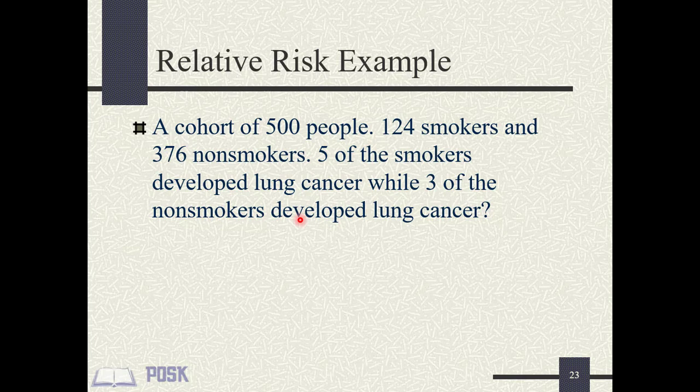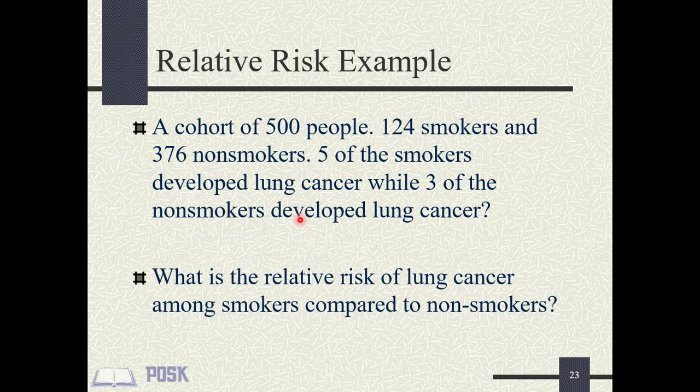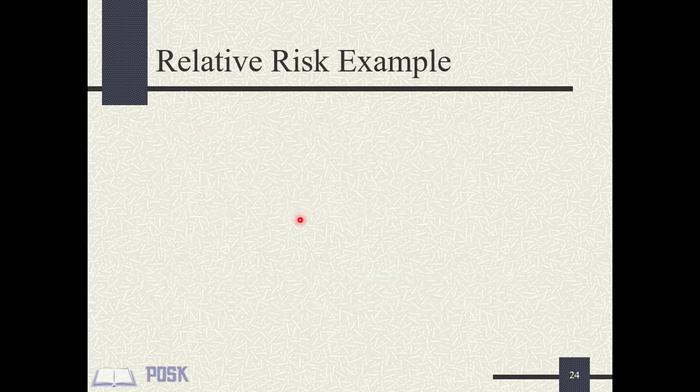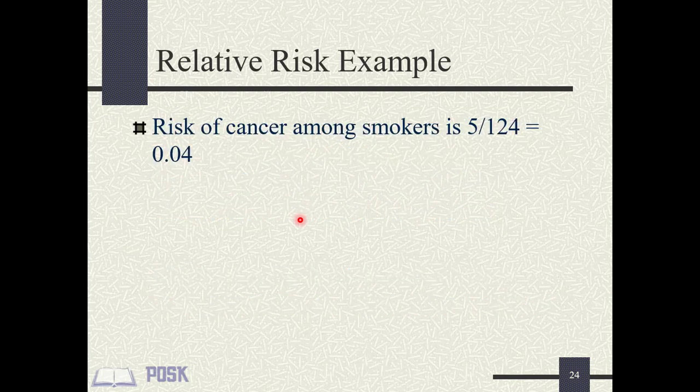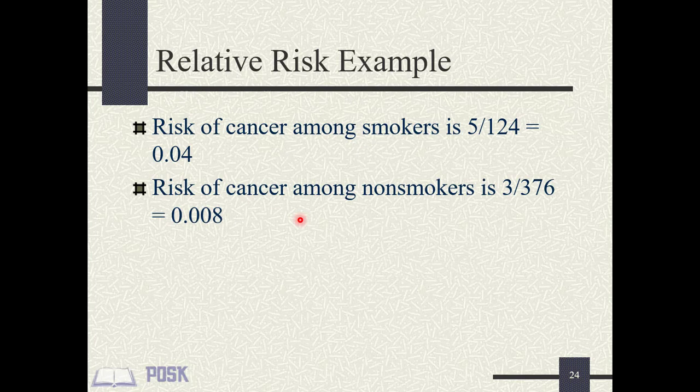In a group of 500 people made up of 124 smokers and 376 non-smokers, if after 5 years, 5 smokers and 3 non-smokers develop lung cancers, what will be the relative risk of smokers developing lung cancer compared to non-smokers? Risk of cancer among smokers is 5 divided by 124, which will give you 0.04.